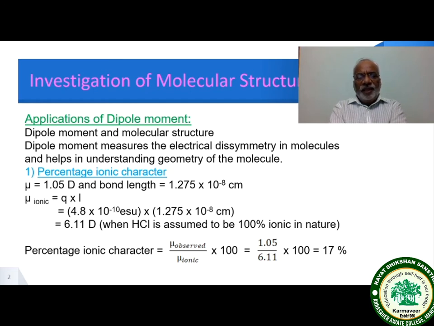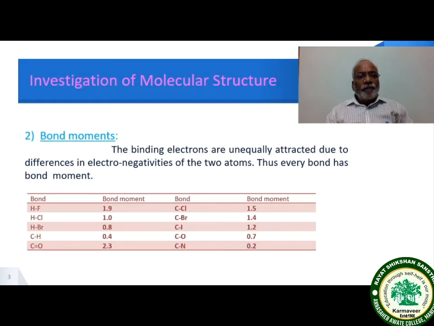Whatever we initially assumed, that if HCl is 100% ionic in nature, then the value should be 6.11, but actual observed value is 1.05 Debye, and that's why only 17% ionic character is associated with hydrogen chloride molecule. Means the bond is not 100% ionic, but it is only 17% ionic in nature.